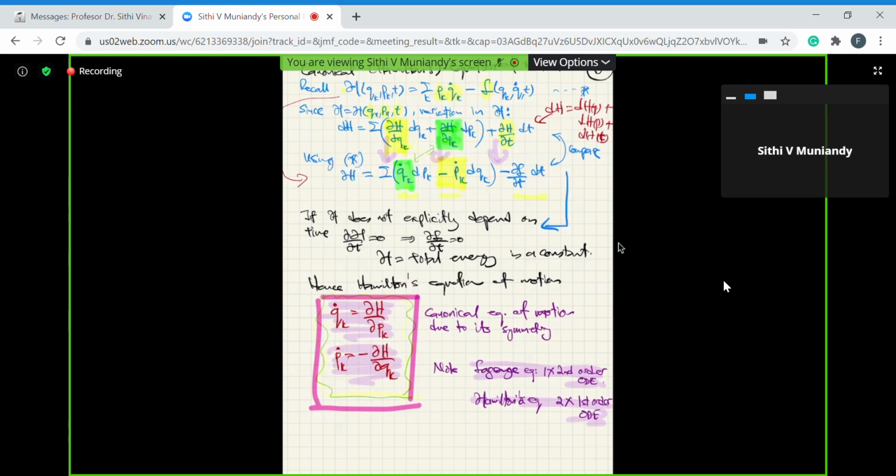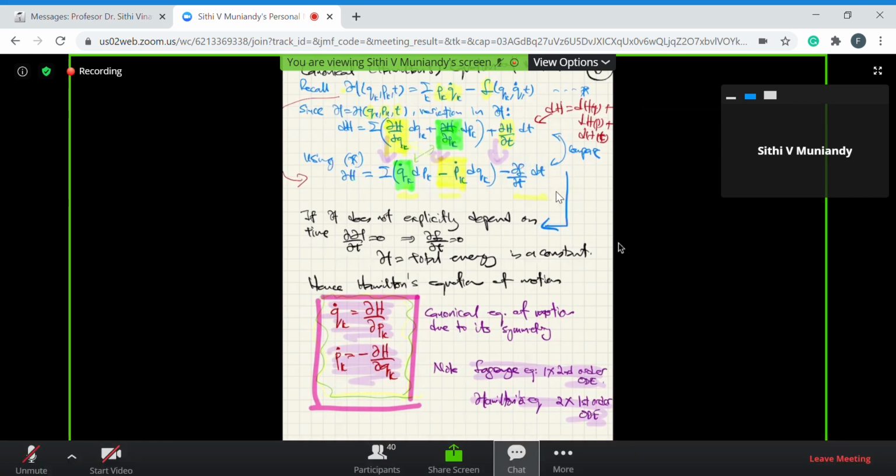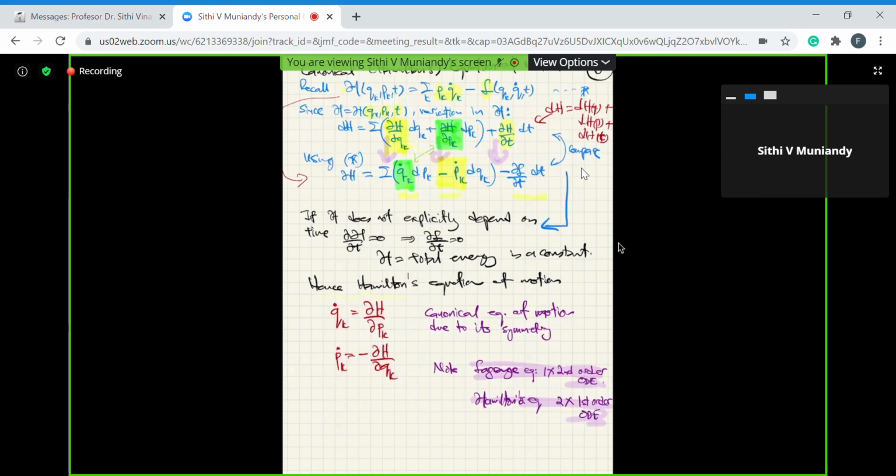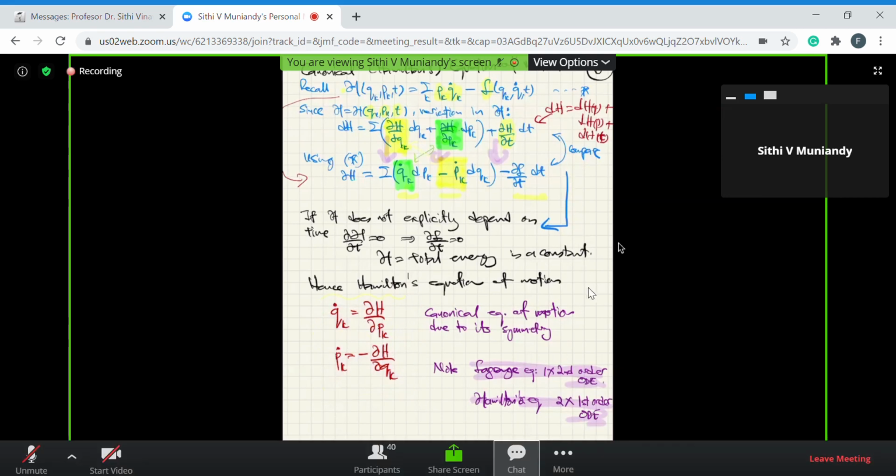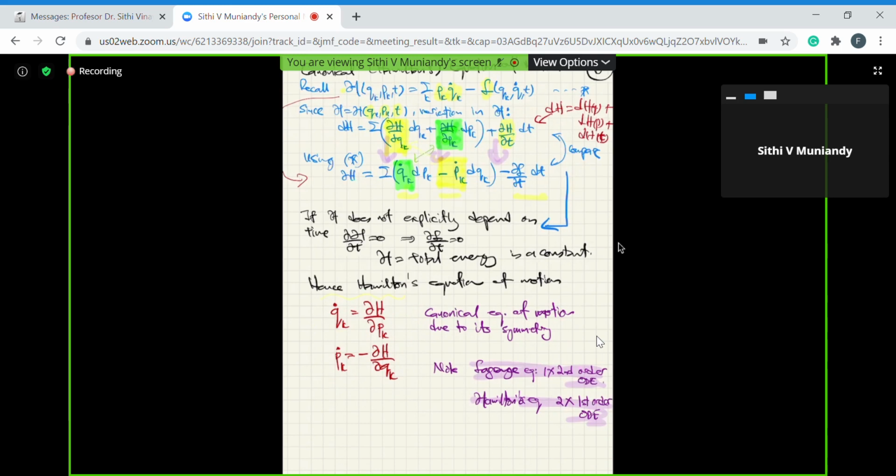Why is it called the canonical equation? Because it connects the coordinates and the momenta. These are conjugate quantities. The symmetry that we mentioned here is, if you look carefully, this quantity first is the position, the change of position.